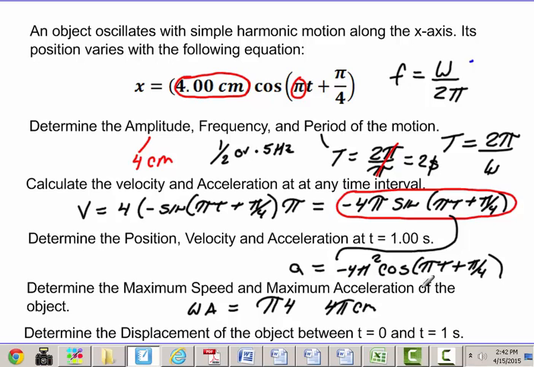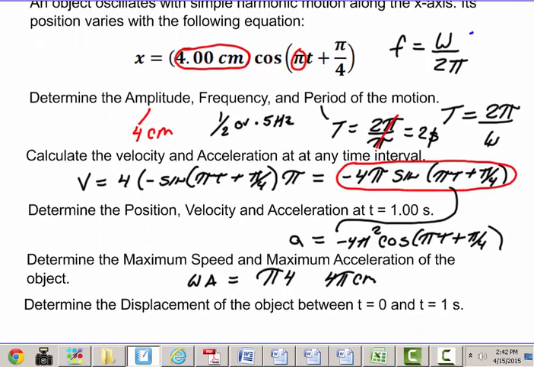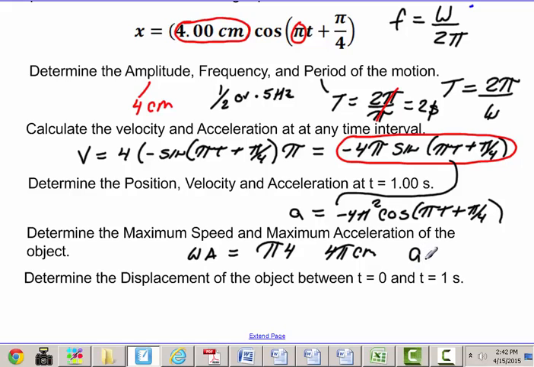To find maximum acceleration, all you have to do is omega squared times my amplitude. And to do that, that would be pi squared times amplitude, which would be 4. And again, that would be in centimeters per second squared.